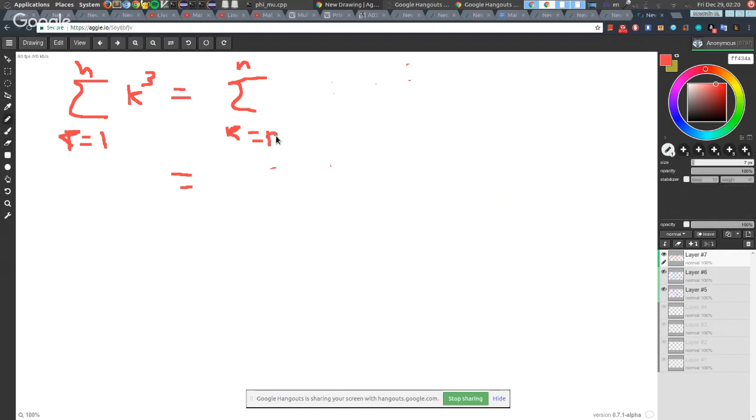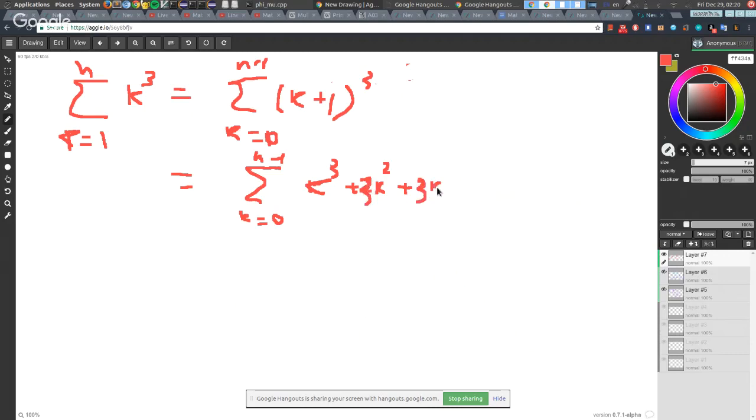The way I expanded, it's from k to 0 of n minus 1 using this cube expression. So here's the summation from k equals 0 to n minus 1 for this expression, 2k squared, and this is 3k. So here, we call this xn as we thought.